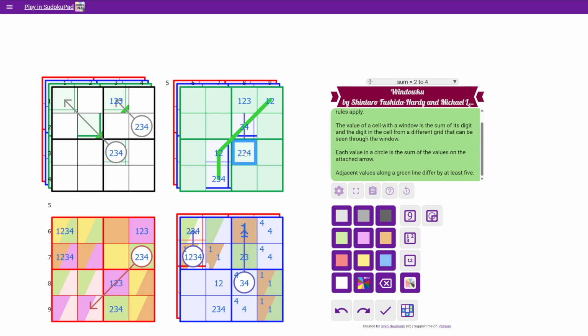This could be a 2. This could be a 1. Or vice versa. Or no, well, if this is a 1, then they are the same.